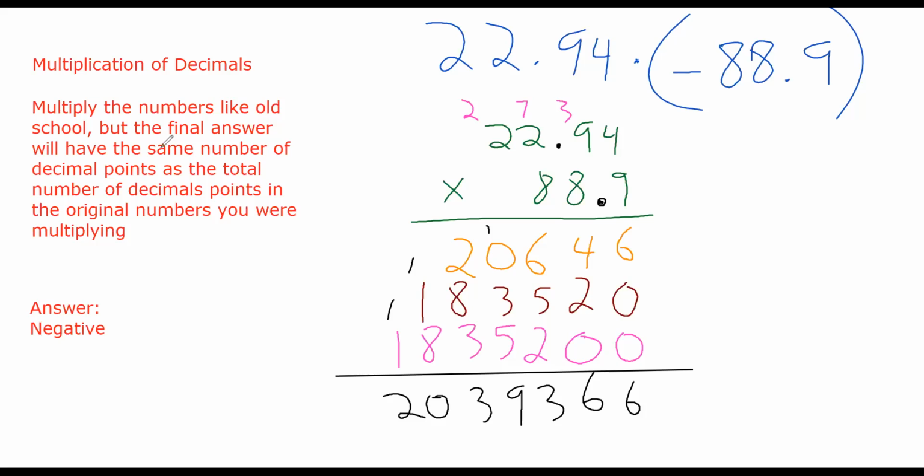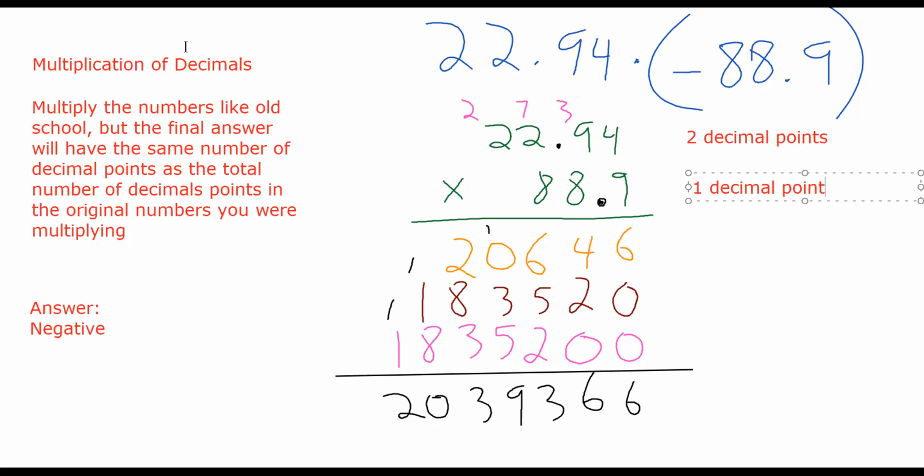The final answer will have the same number of decimal points as the total number of decimal points in the original numbers you were multiplying. This guy had 2 decimal points. The second guy had 1 decimal point.